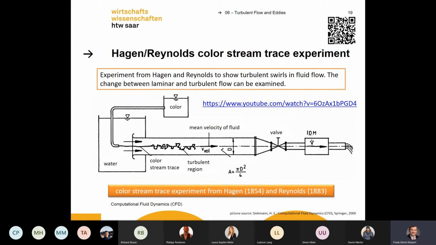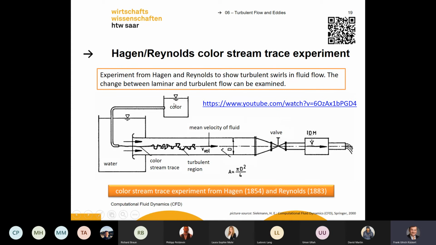Reynolds made these experiments because he examined a lot in tubes. He wanted to build pipe systems and tubes, and he invented this so-called Reynolds tube, where you can really visualize the turbulence. And that's something I've showed you in the movie before.